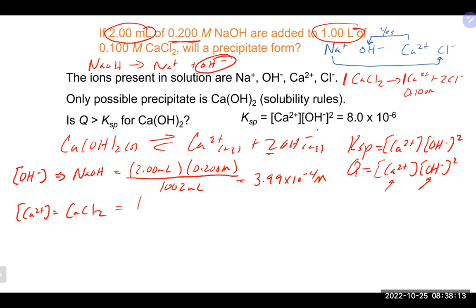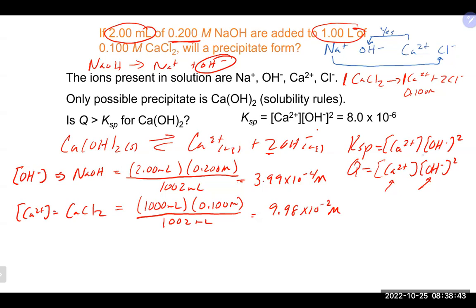So that is 1,000 milliliters of the calcium chloride times the 0.1 molar divided by our total volume of 1,002 milliliters. And that gives us 9.98 times 10 to the minus 2 molar. Any questions on that calculation there?